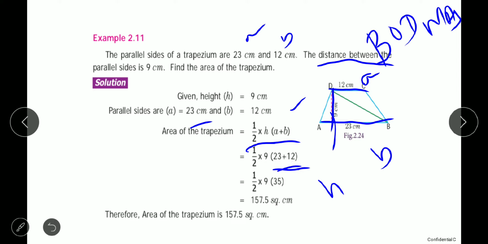Inside the bracket we have a plus symbol, so add. When you add, we will get 35. Then 9 and 35 are both odd numbers, so nothing cancels with 2. We need to multiply these two numbers, then divide by 2. If you do so, you will get 157.5 square centimeter. That is our area.